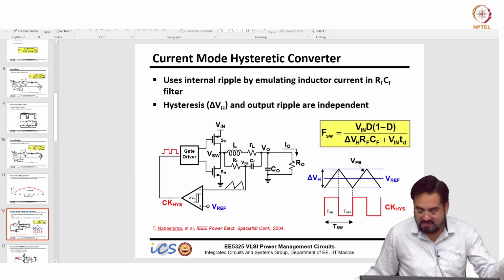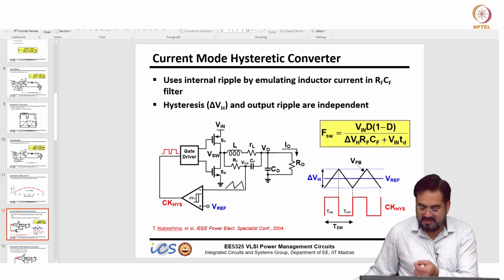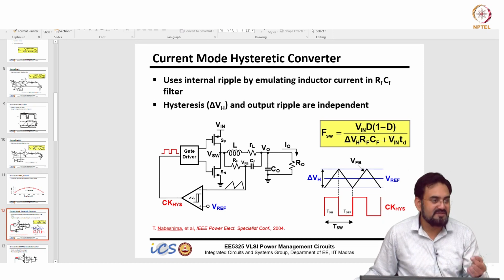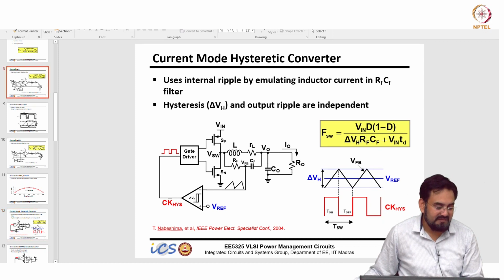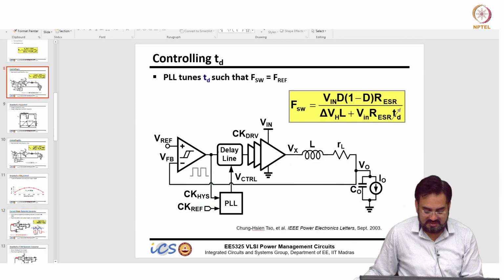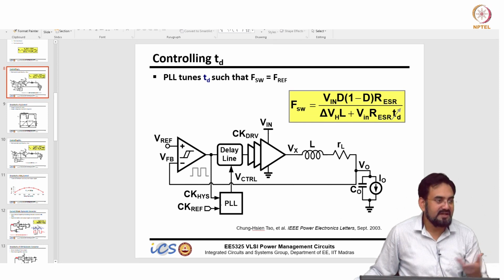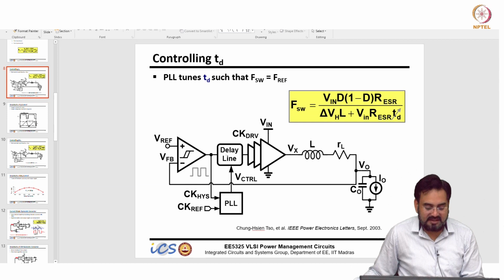You may find some papers which show controlling the frequency of a hysteretic converter with delay, actually TD, and people have done this in the past. You can see this one. They have a delay line and with the PLL, just like the FLL we had, and they are controlling the delay.